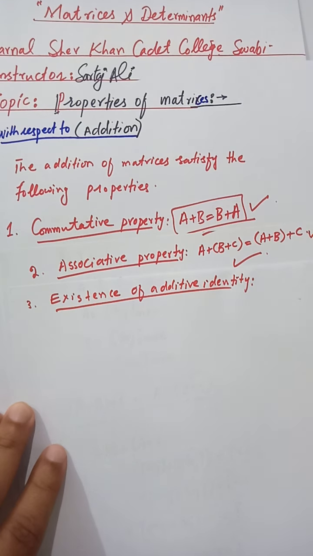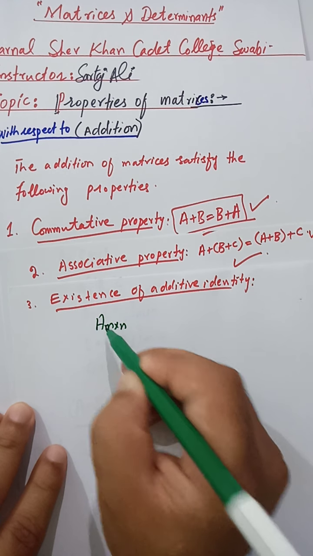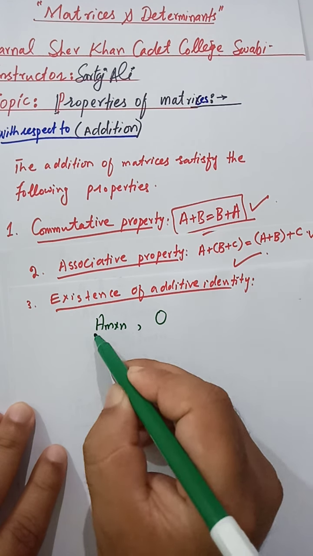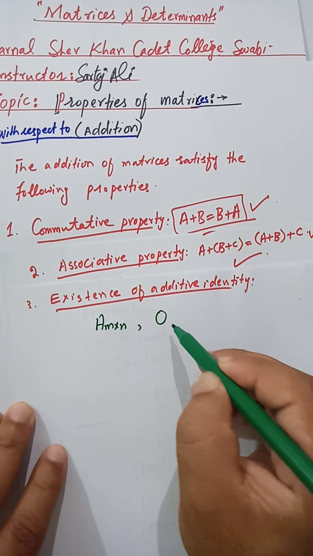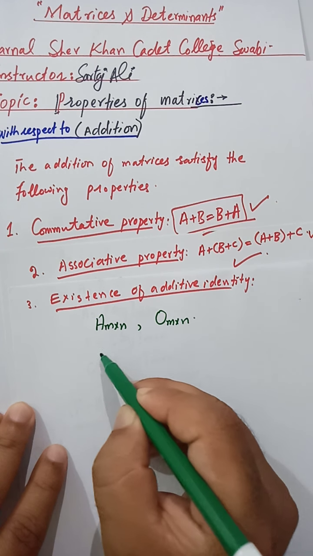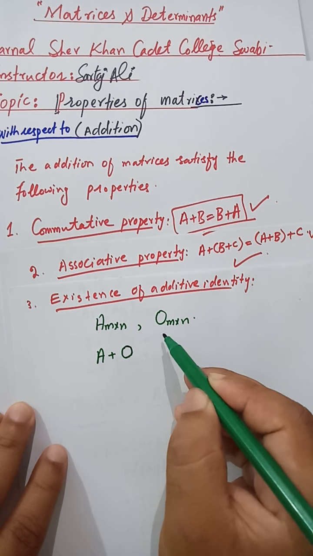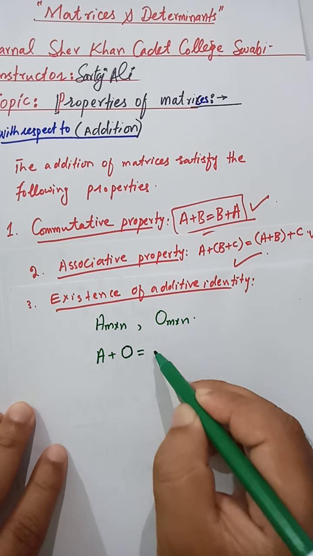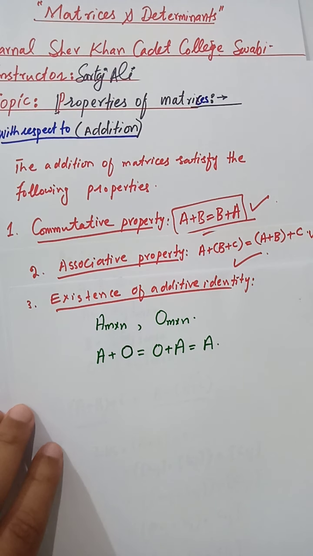So if I consider a matrix A of order m by n, this is any matrix, and a null matrix, which is also known as the zero matrix, denoted by capital O, of order m by n. If I add this matrix with this zero matrix from the left or from the right, you will get this matrix A, because all the elements of the null matrix are 0, and 0 with anything gives that.